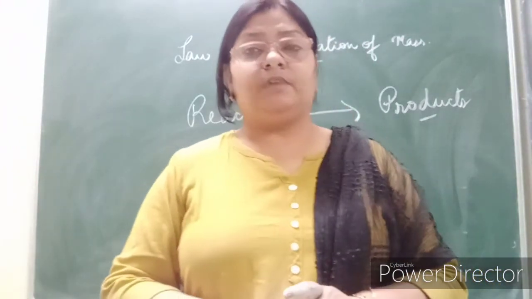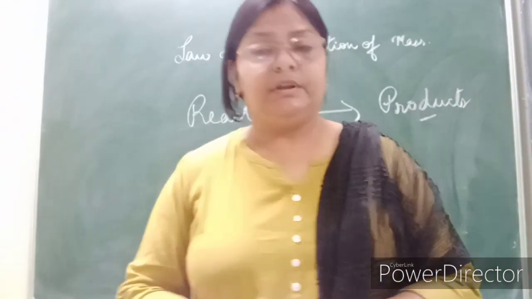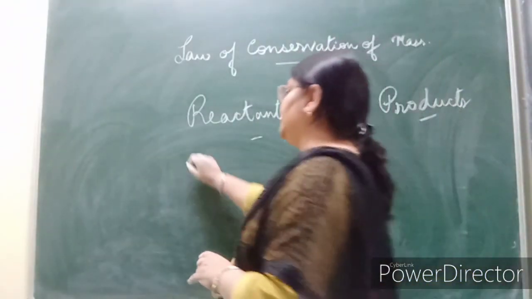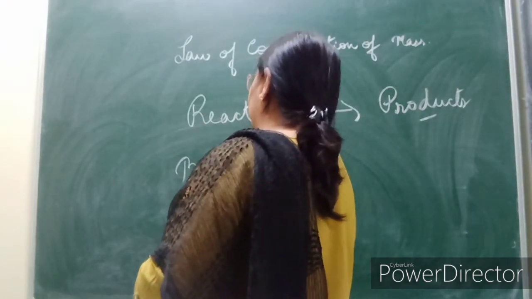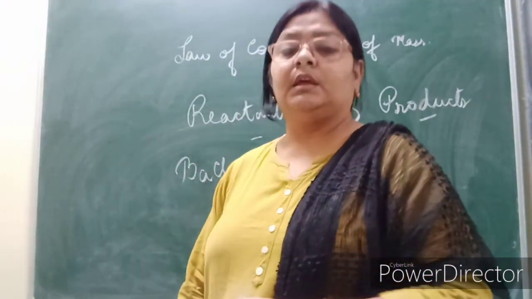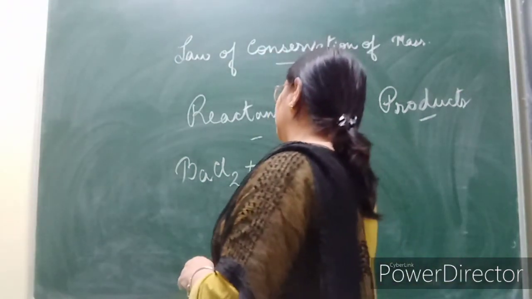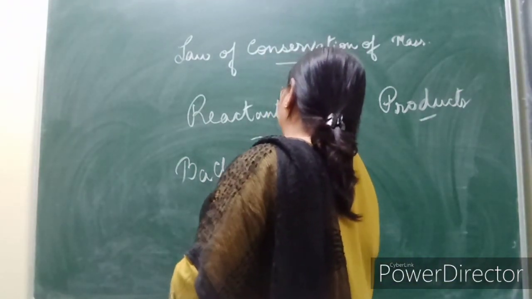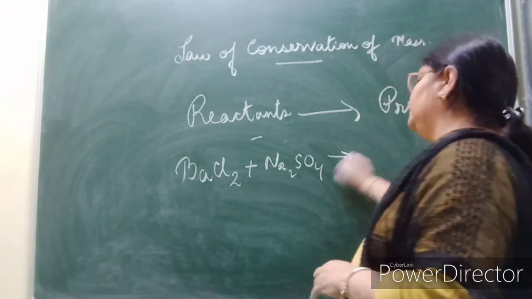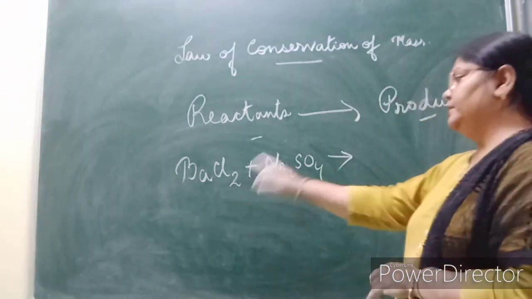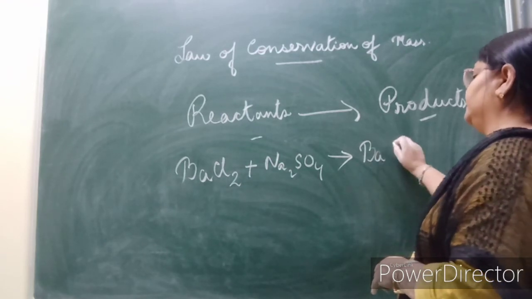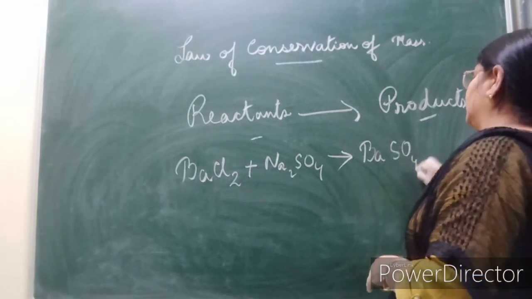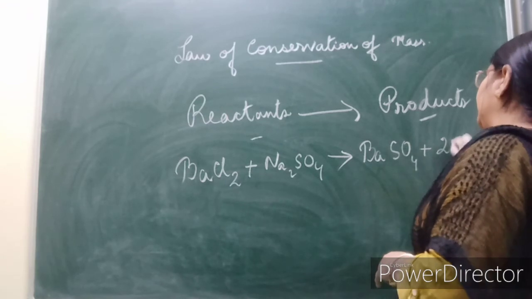We'll see one reaction to prove it. If we take barium chloride, BaCl2, plus sodium sulfate, Na2SO4, they will react, and what is formed? BaSO4 and NaCl.